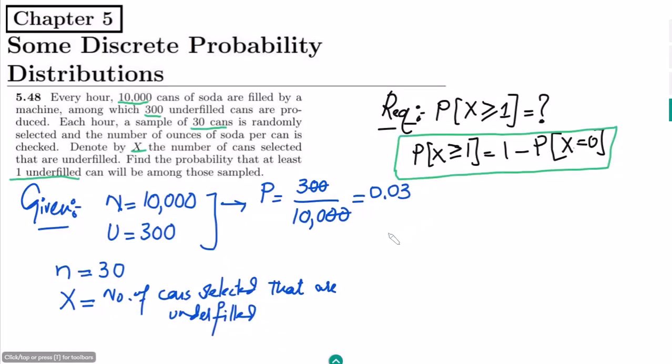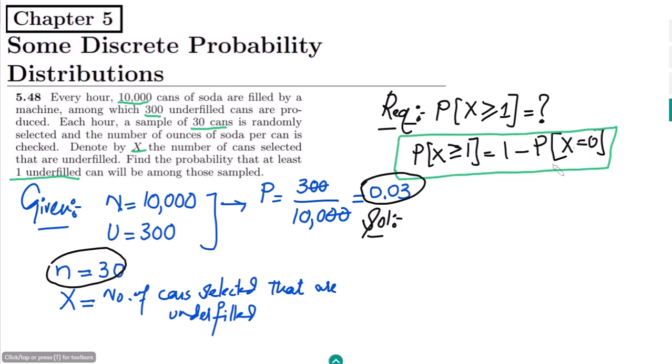Now solving it, we can very clearly see that it is a binomial probability problem, where the probability is given, the number of items selected is given, and the items to be selected are also given.